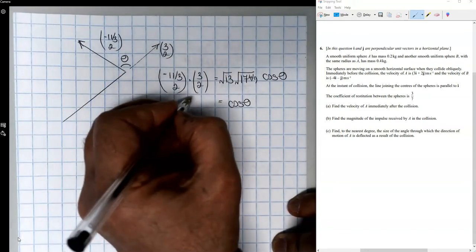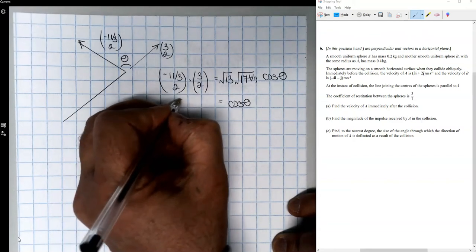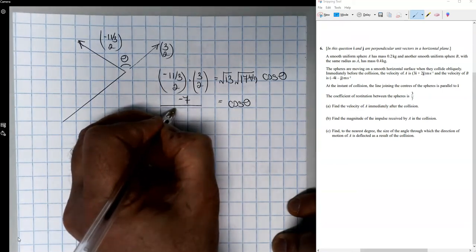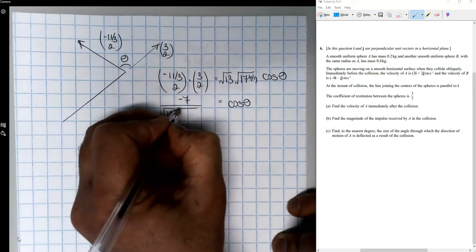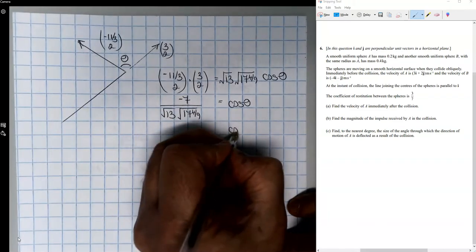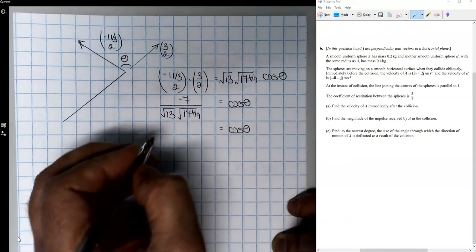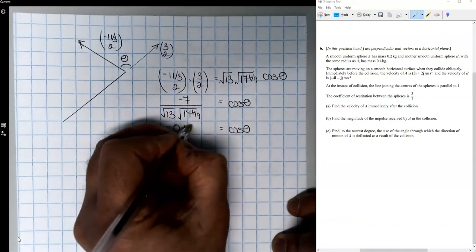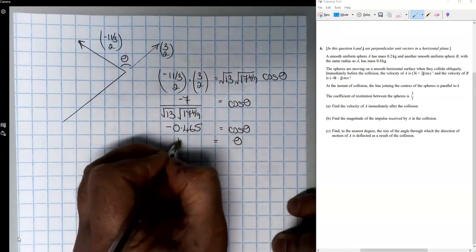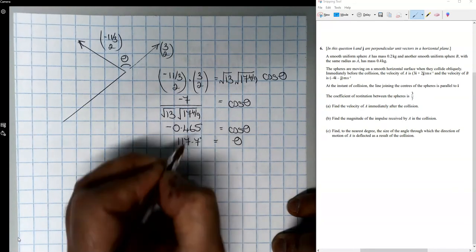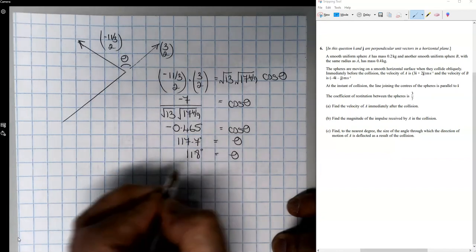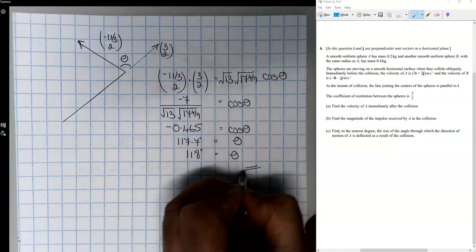So this is minus 7, just to make sure we're doing it right, over root 13, root 17 and 4/9. So we get cos theta equals minus 0.465 to 3 figures. So theta comes out to be 117.7 degrees. Perhaps a bit too accurate. Theta is 118 degrees to 3 significant figures.